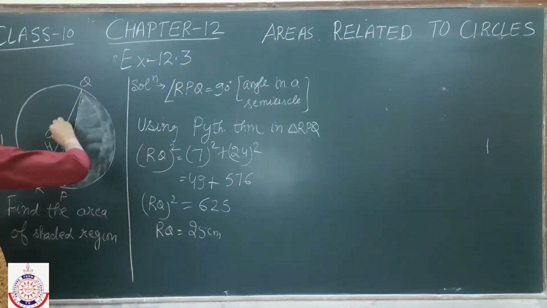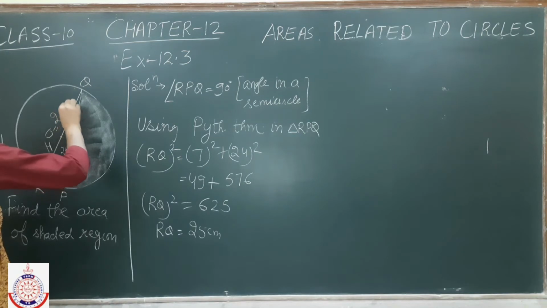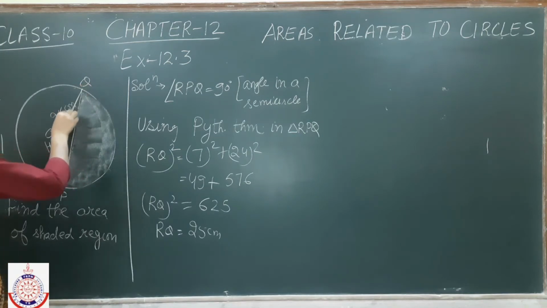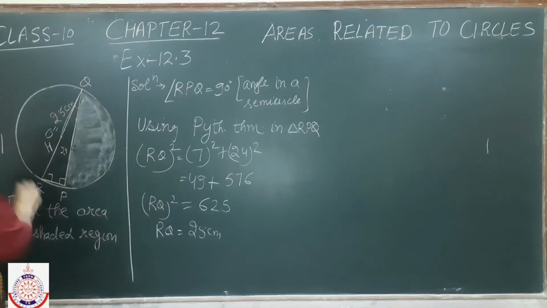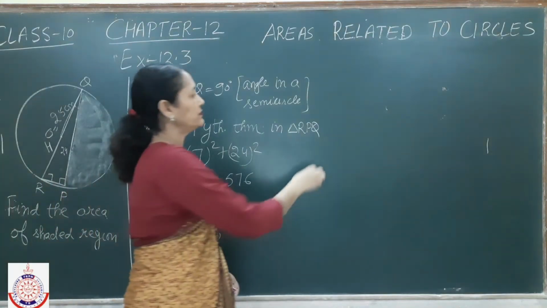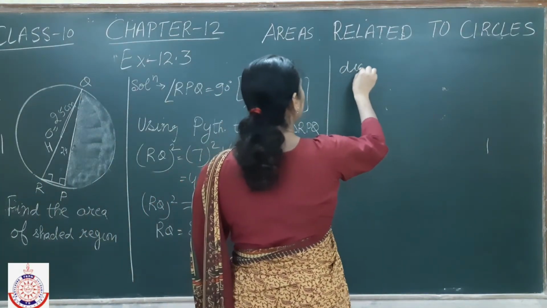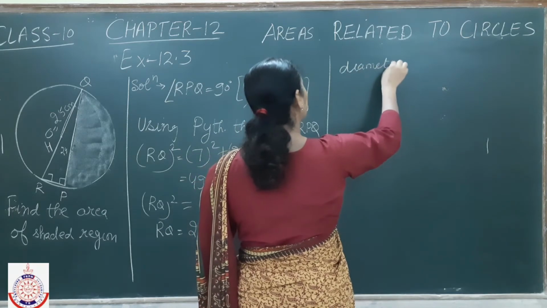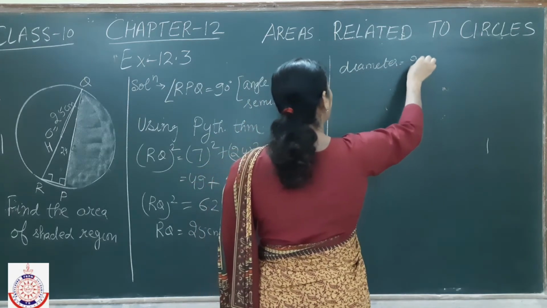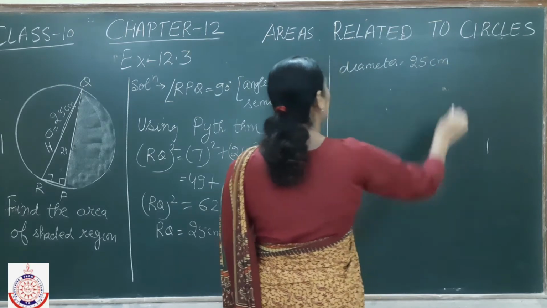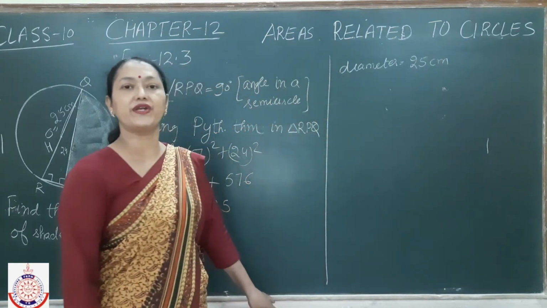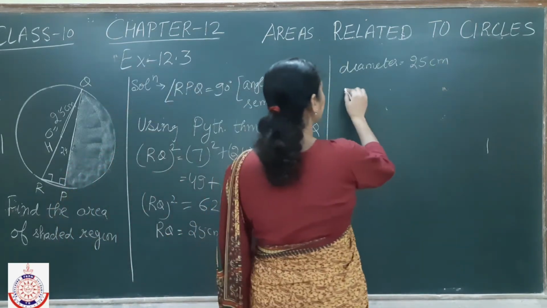So this hypotenuse we have obtained as 25 centimeters, and this is passing through the center, which means it is the diameter. So the diameter we have obtained is 25 centimeters. If the diameter is 25, that means the radius is 25 by 2.